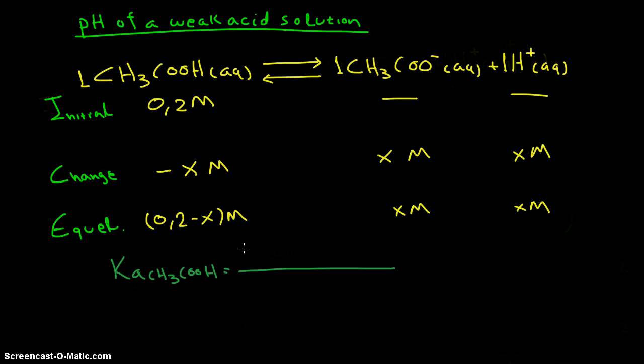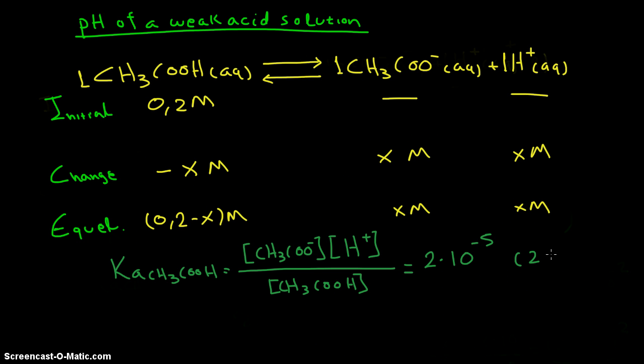So this will be the concentration of the products over the concentration of the reactants. Here's only one, it's our acid. If you look at the tables, the value for the equilibrium constant of the acetic acid, the ethanoic acid, is 2 times 10 to the minus 5. This is true at 25 degrees Celsius.